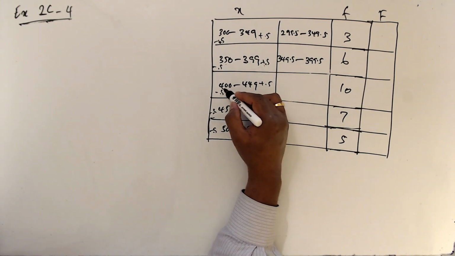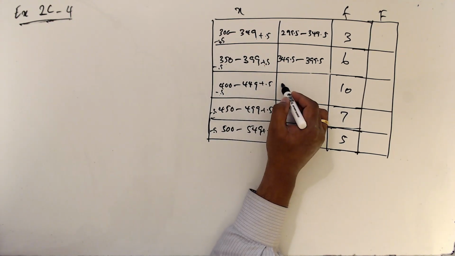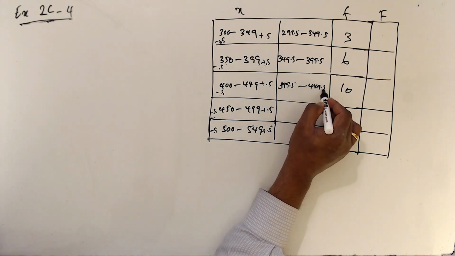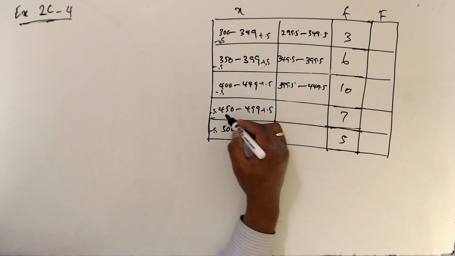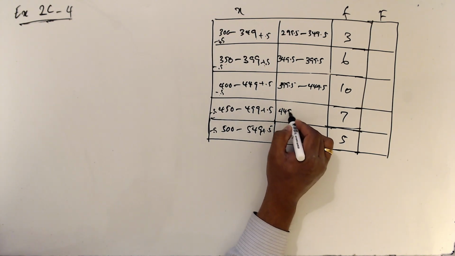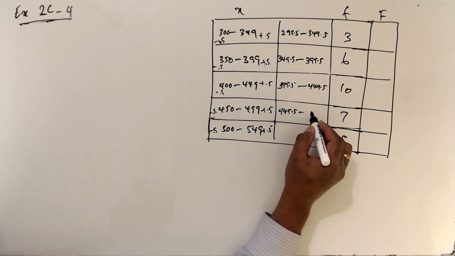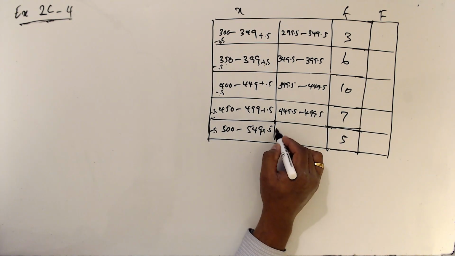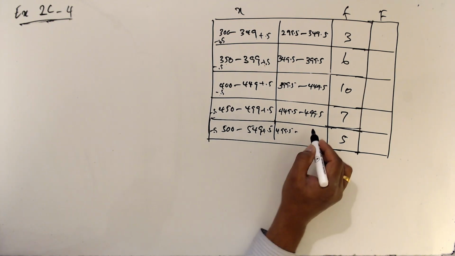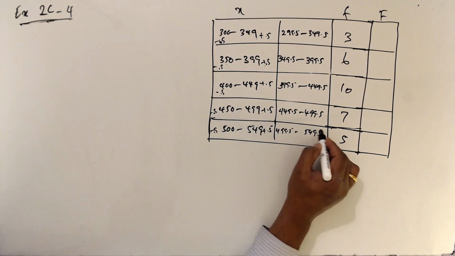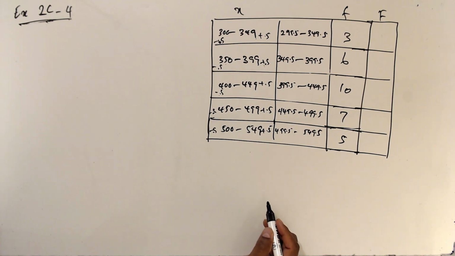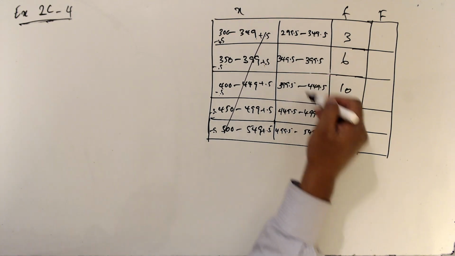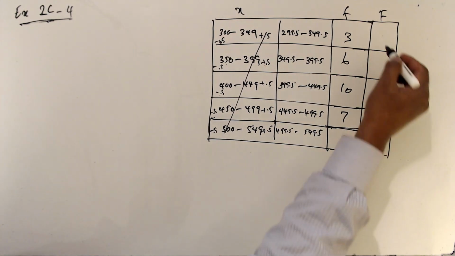Then 400 minus 0.5 becomes 399.5 to 449.5. Then 449.5 to 499.5. Then 499.5 to 549.5. And then we get rid of this one, and we have the continuous scale, and we'll do the cumulative one as well.